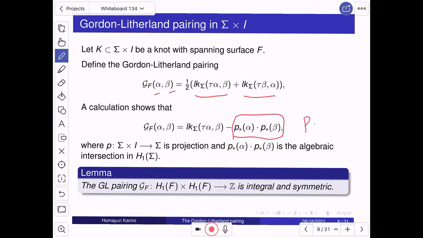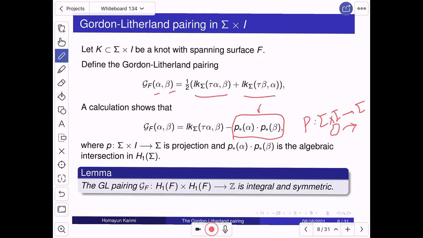P is the projection from sigma cross I to sigma. If you look at alpha inside here and project it down to sigma and do the same for beta, on sigma you can look at the intersection number, and you need to subtract this from the linking number.